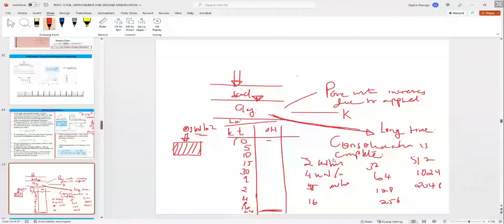So you've taken readings for all these pressures, kilonewton per meter squared.